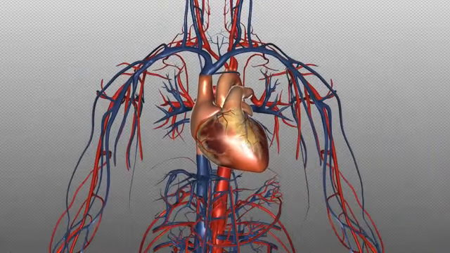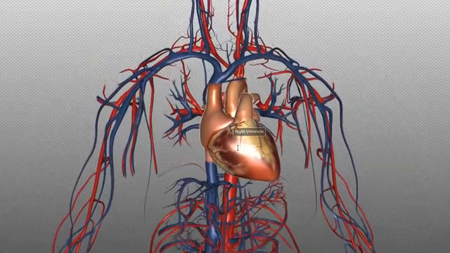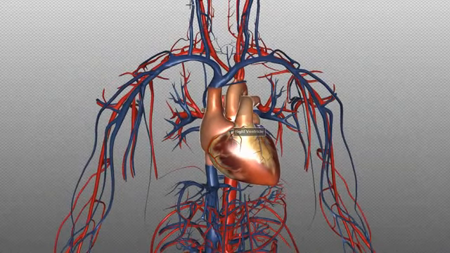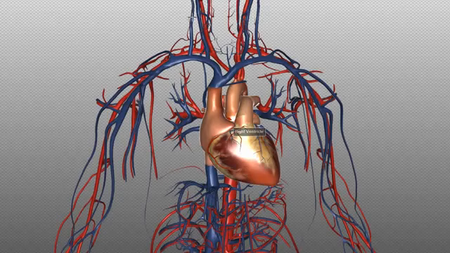So just quickly recapping what I've told you, you've got these veins which drain the head and neck. You've got the external jugular and the internal jugular. These drain into the brachiocephalic veins, and you've got one on either side, left and right brachiocephalic veins, which drain into the superior vena cava.